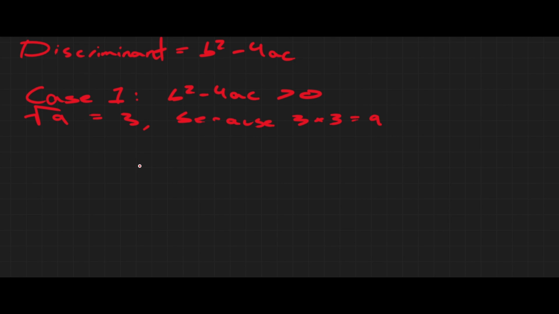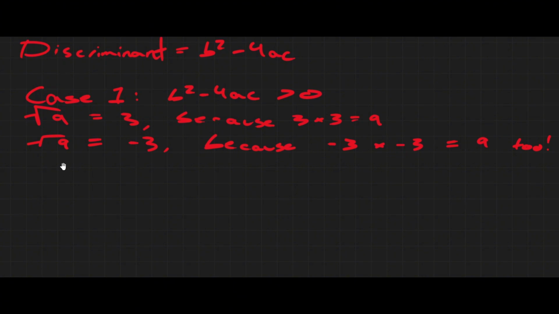But also, the square root of 9 equals negative 3 because negative 3 times negative 3 also equals 9 too, right? So when we take the square root of a positive number, we get two solutions.